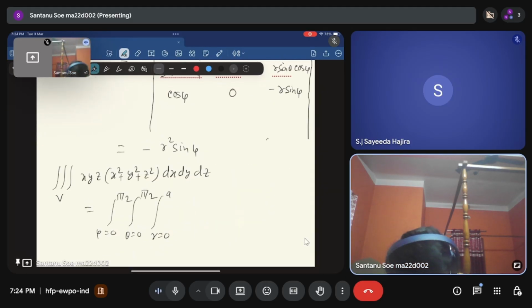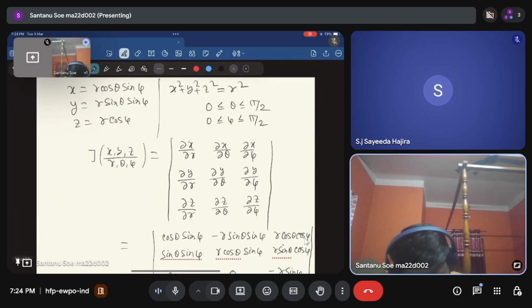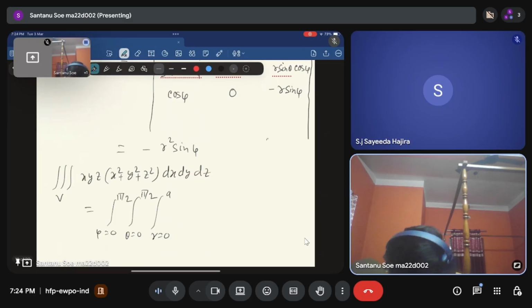Okay, so now x is r cos theta sin phi, y is r sin theta sin phi, and z is r cos phi. So you have to substitute all these x, y, z here, and if you do so, you will get something like this: r to the power 7. Sorry, this is 0 to a.